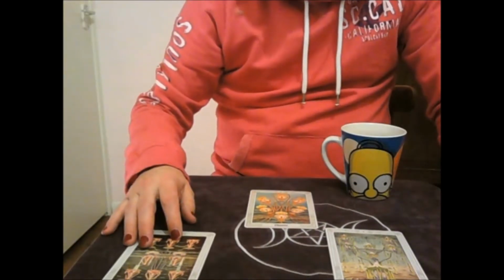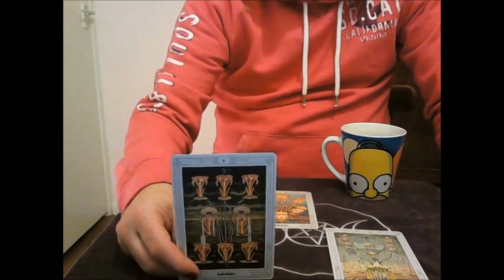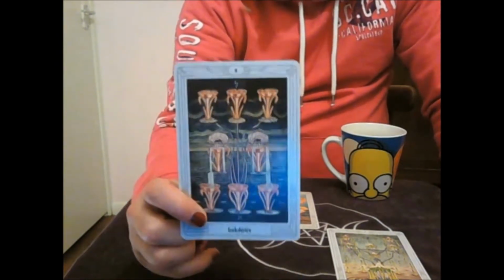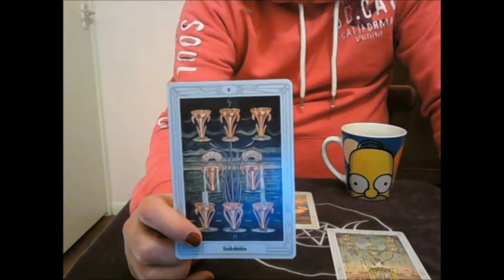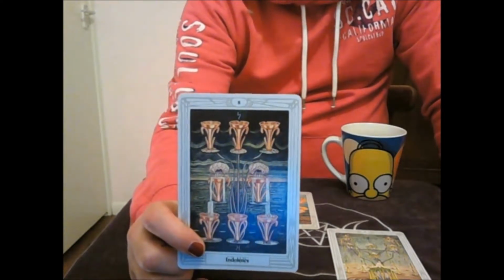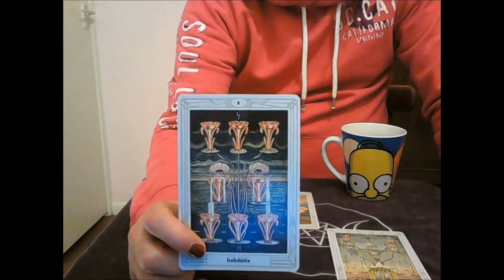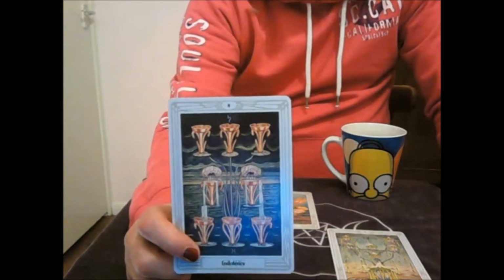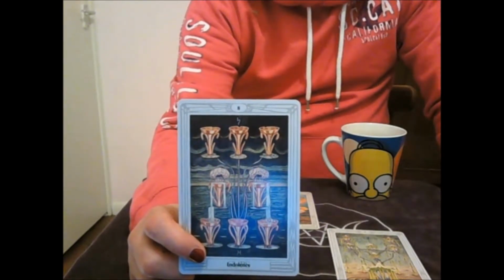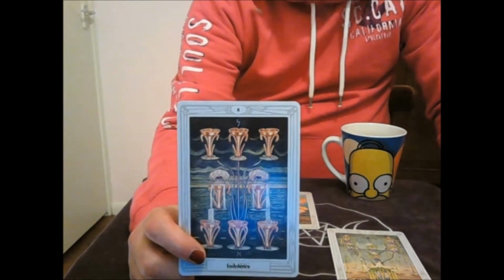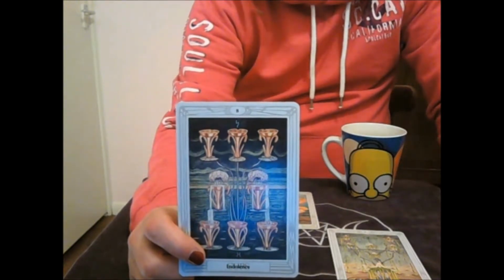Hello and welcome. Today we're going to be talking about a card whose definition I had to look up, which is called indolence. The words associated with this are laziness, inactivity, dislike of work, lethargy and sluggishness.